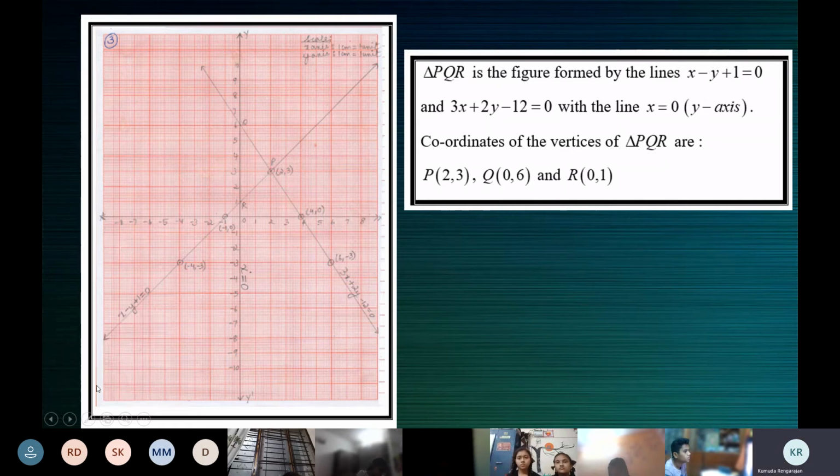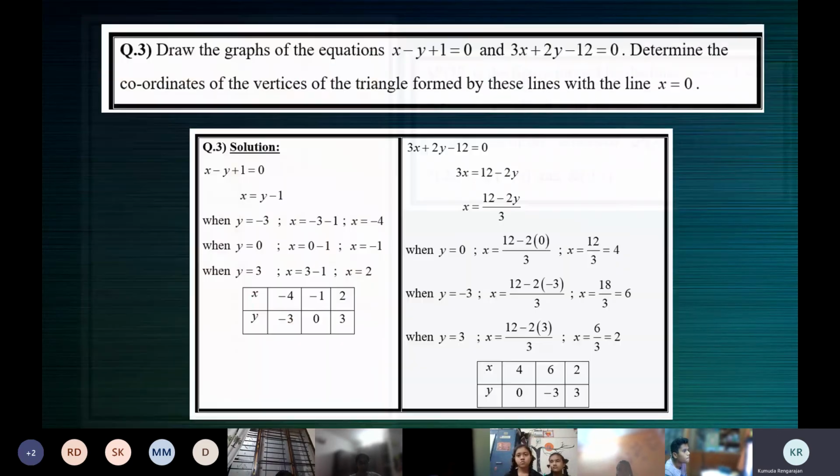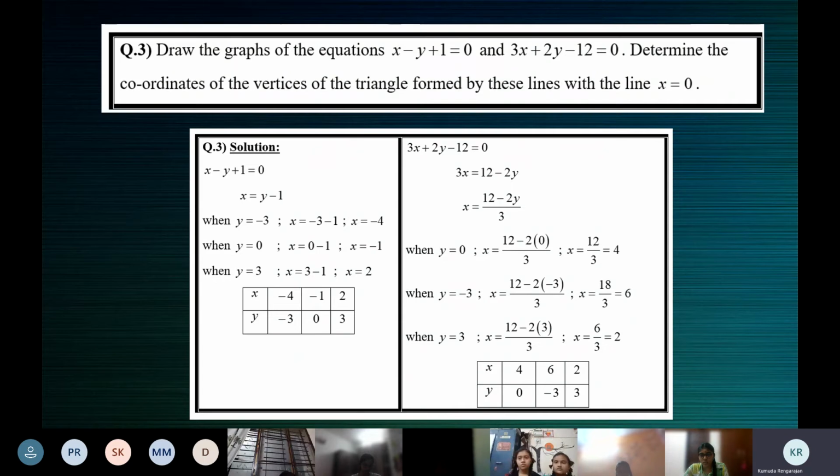Is it fine, children? Those who were not able to make the graph, please ask your doubts. What was the difficulty in completing the graph? Any problem with making the XY table?